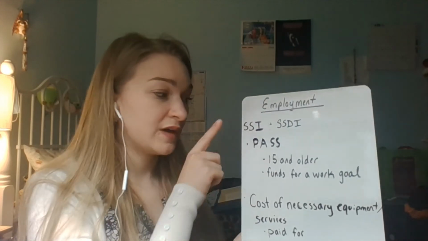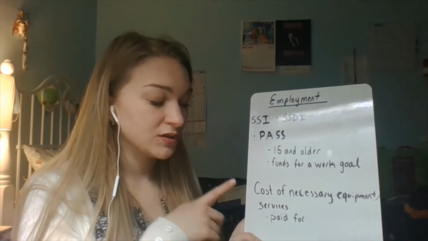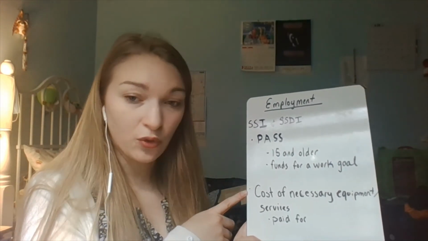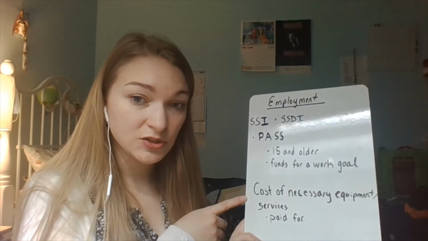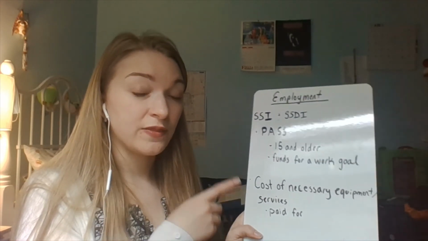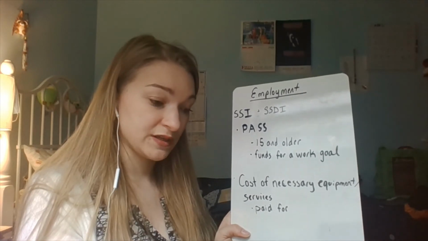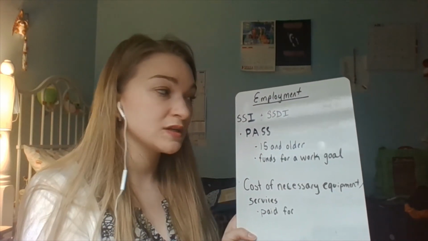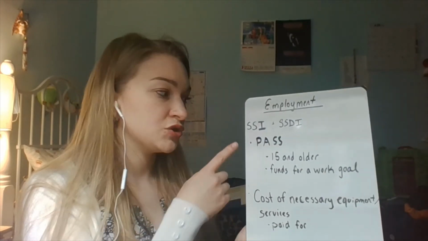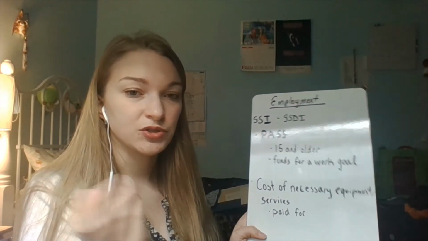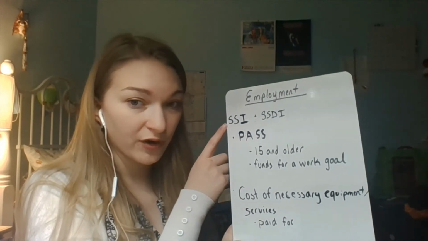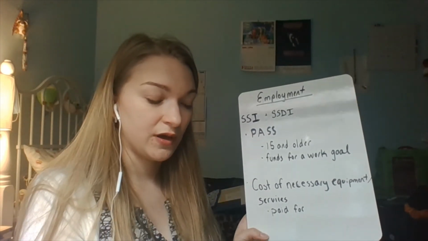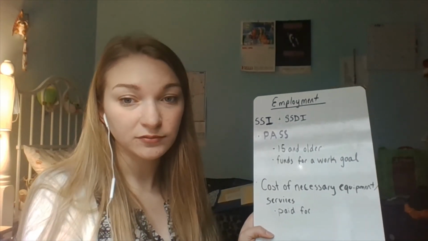So if you receive SSI and you also require some equipment and services to work, then they will pay for the equipment and services. And the money that they use to pay for them won't add to your income. So hopefully you will still qualify for SSI under the income that you have.